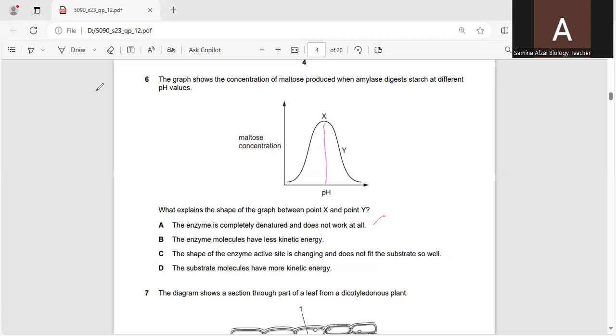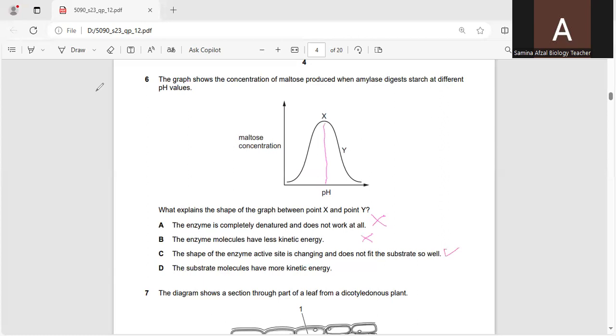No. The enzyme molecules have less kinetic energy. No, we are talking about pH. The shape of the enzyme active site is changing and does not fit the substrate so well. It can be the correct option. We are going with this one, that is, the shape of the enzyme active site is changing.